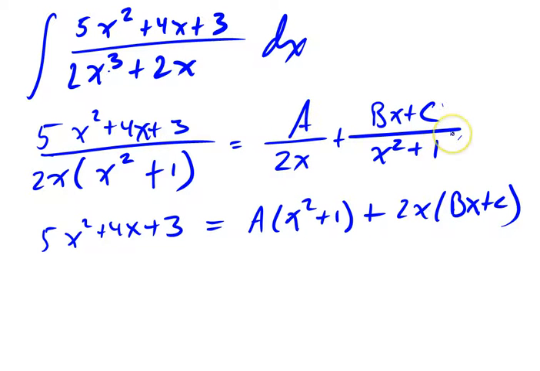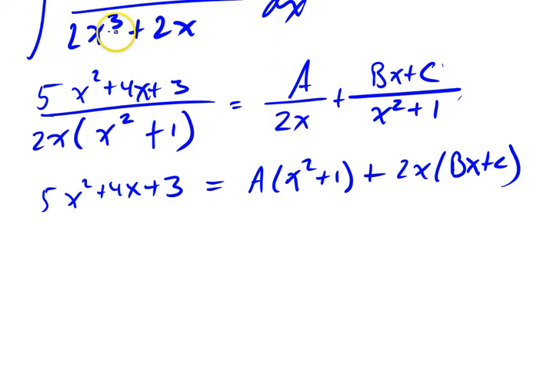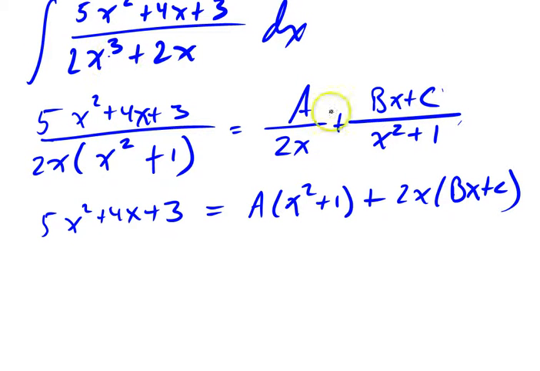Power 3, 3 variables. If it was power 7, I'd end up with 7 variables. It's just an easy double check to make sure that you at least have a chance of having it set up right. If this was 3 and I had 4 variables here, A, B, C, and D, something's wrong. Or if I only had 2 variables, then something's wrong. I've got a cubic, I'm looking for 3 things.